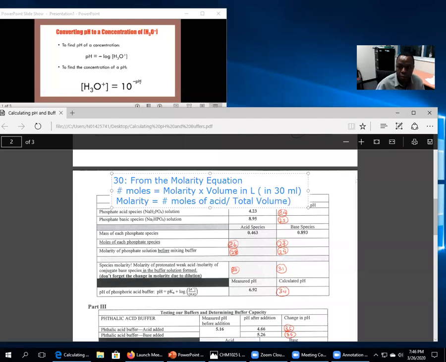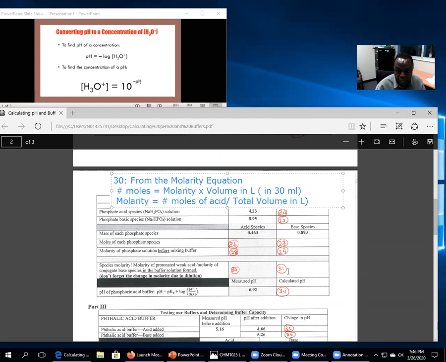Remember, we are trying to make a buffer of total volume 60 ml. So you're going to change that to liters. What is the total volume? The directions call you to do that. So I've got to move on real quick. You'll do the same thing for what?